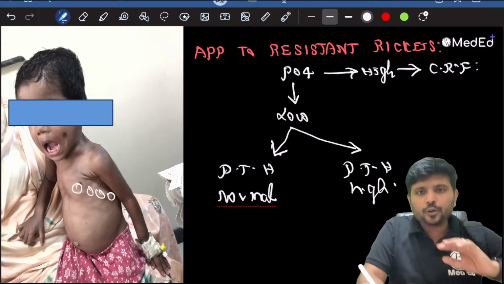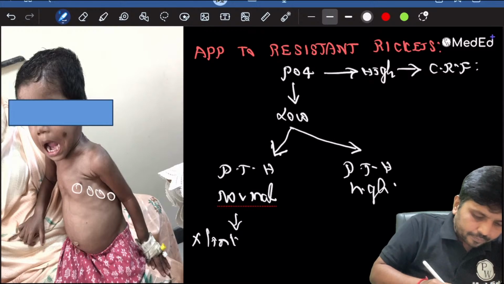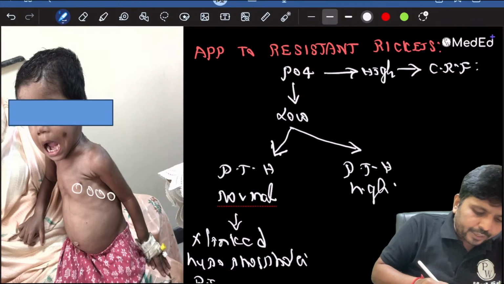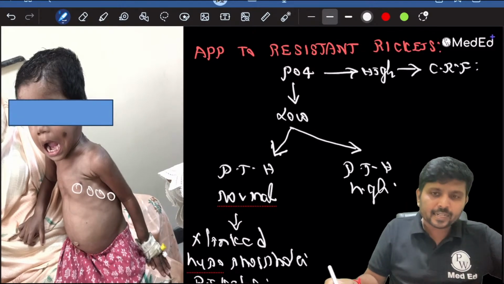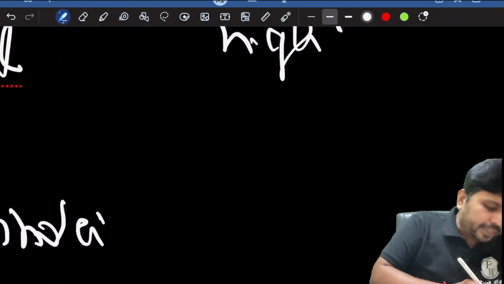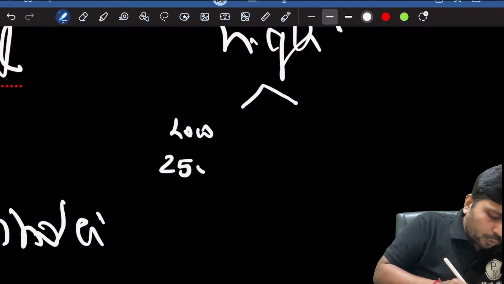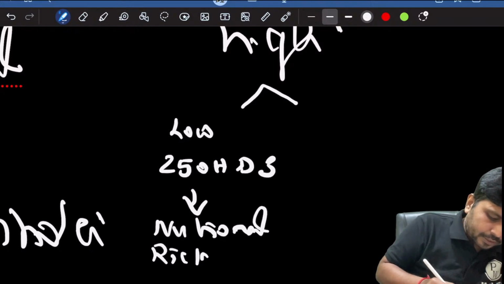If phosphorus is low and parathyroid hormone is normal, it is X-linked hypophosphatemic rickets, for which you mainly need to give phosphorus. Whereas if PTH is high along with low phosphorus, then divide into two. If 25 OHD3 is low, it is nutritional rickets.